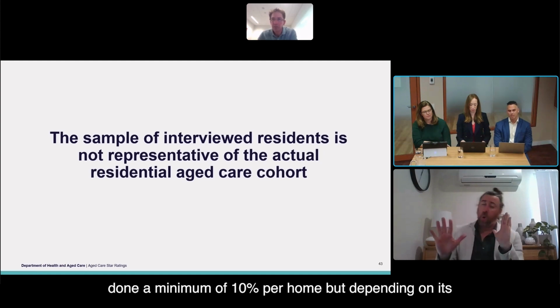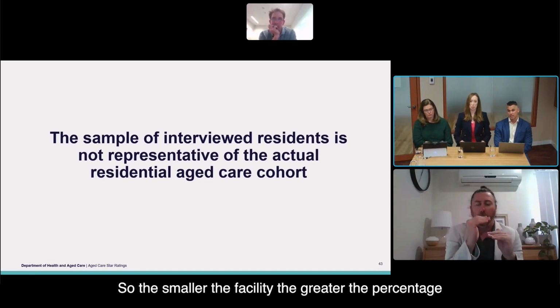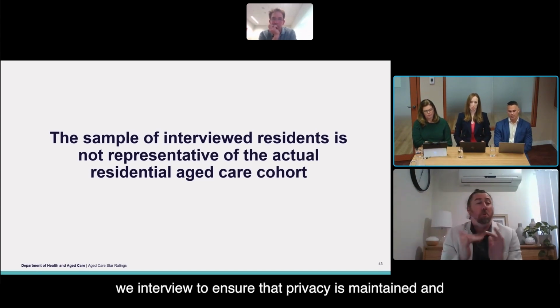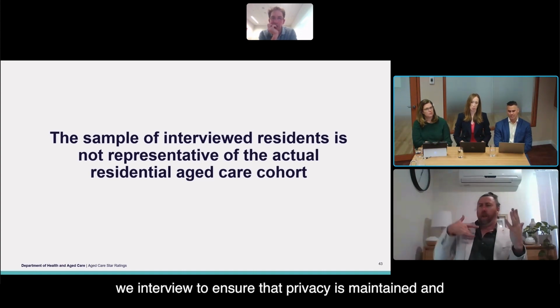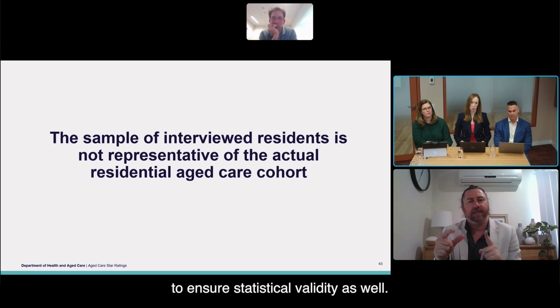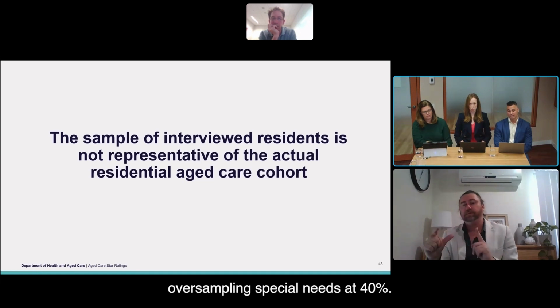And we've done a minimum of 10% per home, but depending on its size, it varies. So the smaller the facility, the greater the percentage we interview to ensure that privacy is maintained and to ensure statistical validity as well.